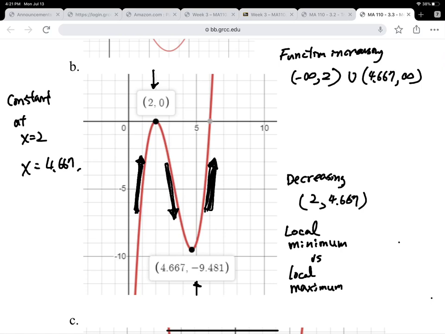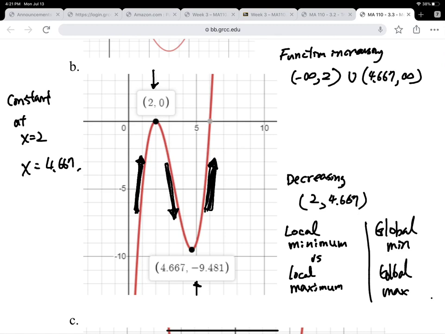The local minimum and local maximum are kind of like a secondary to global minimum and global max. Global min and global max mean the absolute highest value and the absolute lowest value.